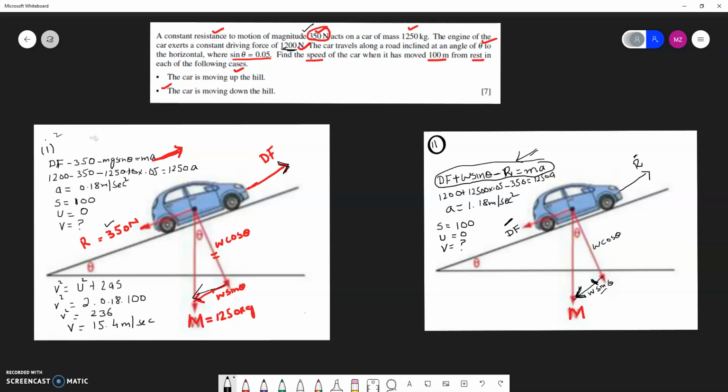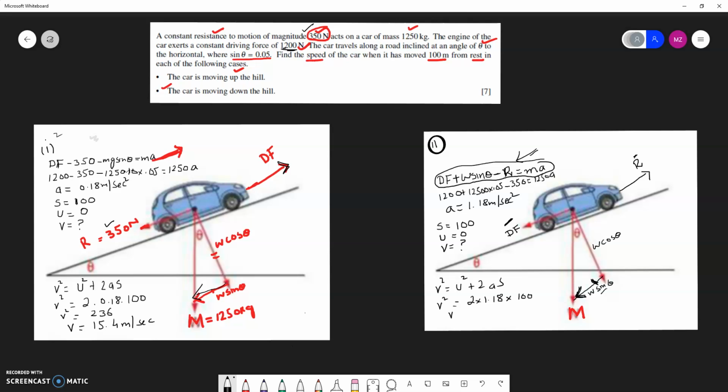Now again we will be using the equation of motion. V square is equal to U square plus 2 A S, and U square is 0, and now 2 into A. What is the value of A? A is not 0 point, it's 1 point 18, multiplied by 100.